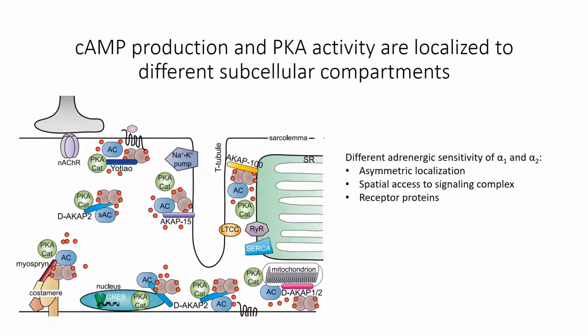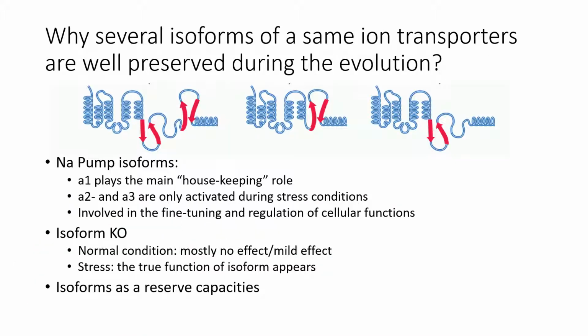Therefore, the different adrenergic sensitivity of alpha 1 and alpha 2 might be due to their asymmetric localization, and different localization means different spatial access to signaling complexes and receptor proteins.